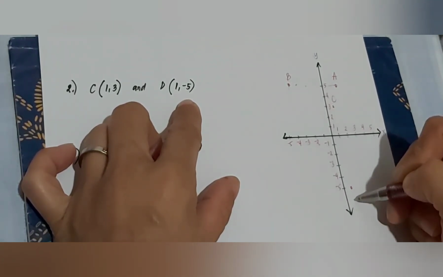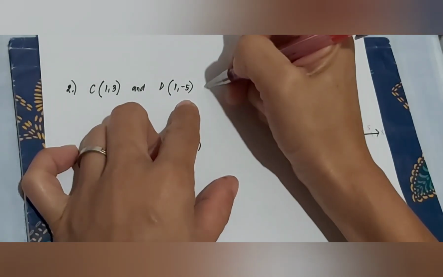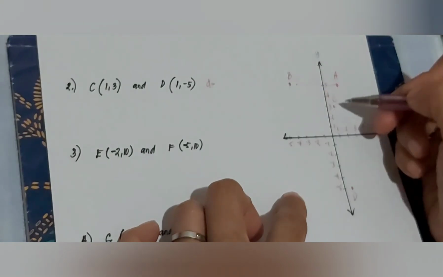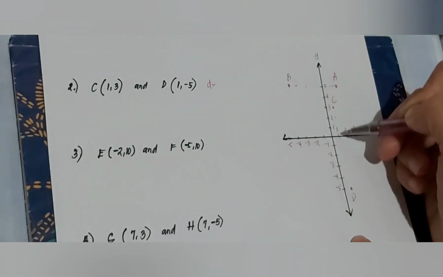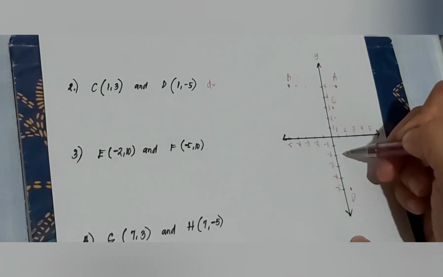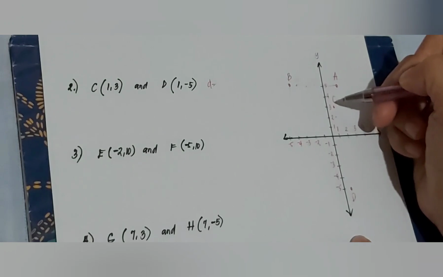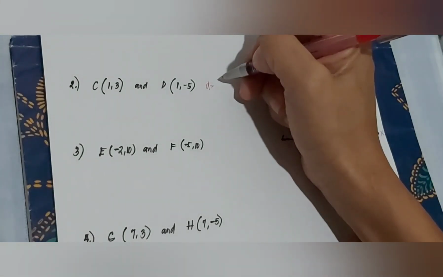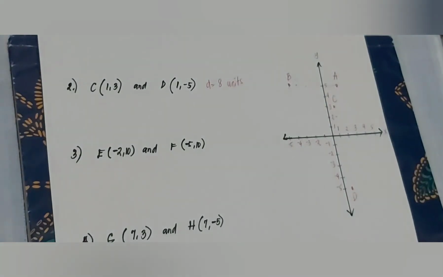So this is point D. Now again for the distance, we have to count from this point up to this point. So 1, 2, 3, 4, 5, 6, 7, 8. So from point C to point D, we have 8 units in between.